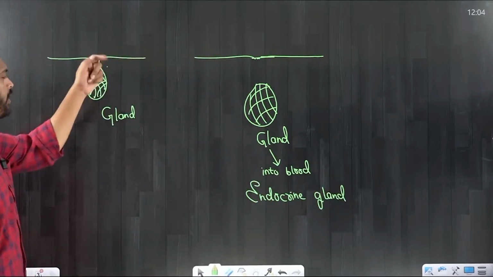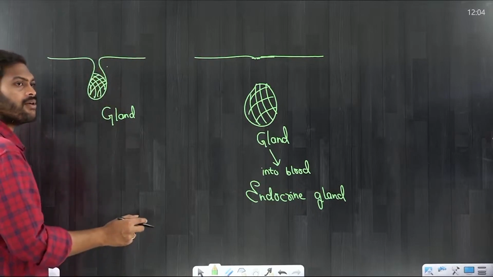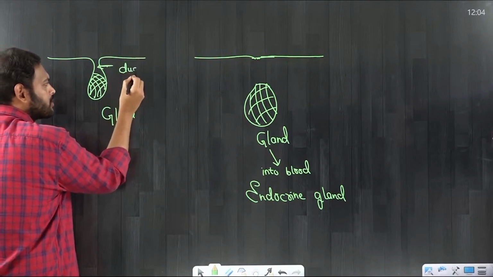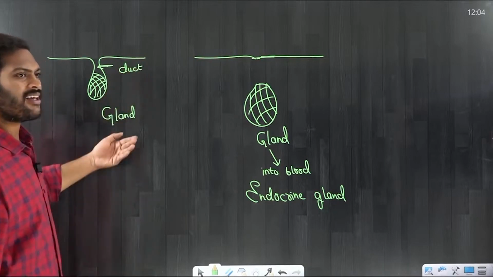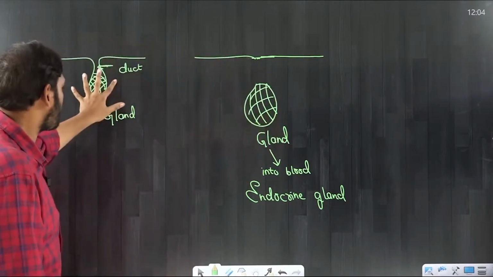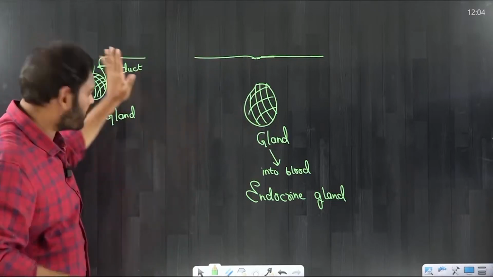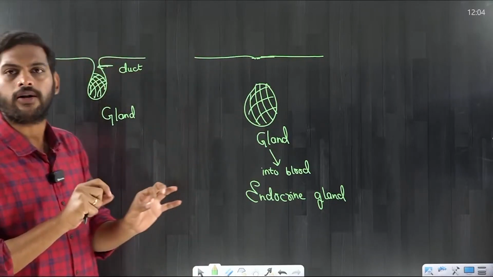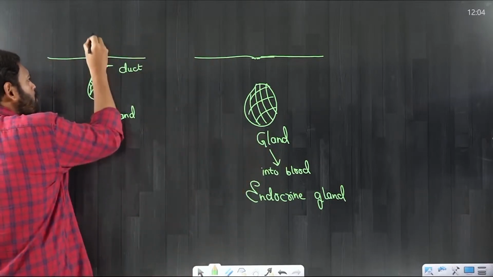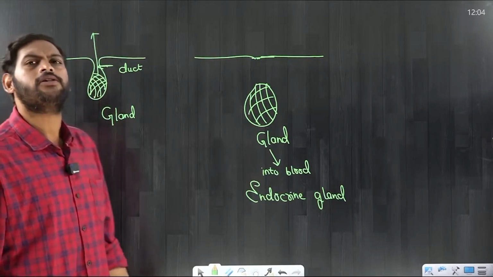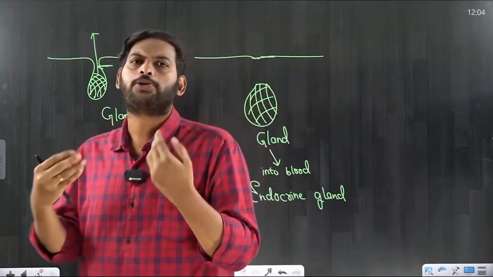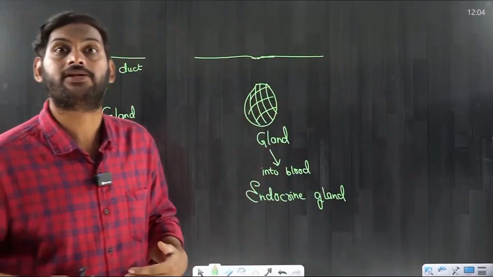Whereas here, as there is still some connection, this connection is referred to as a duct. As there is a connection still retained, all the secretions from this gland will not mix into blood. They will be released into empty spaces of your body. They might be released into the buccal cavity, the stomach, or the intestinal chambers.